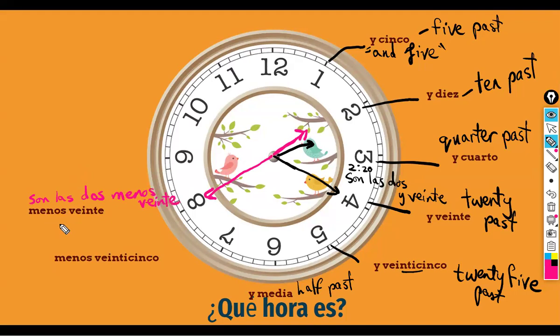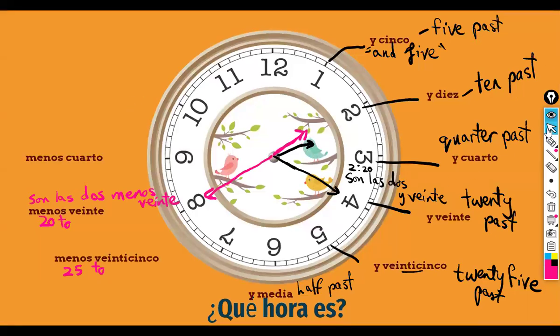Right? So how would we translate this? Perhaps twenty-five to, twenty to, quarter to. Now I'm choosing to translate it in this way so you'll know which number is the hour that you have to state, right?